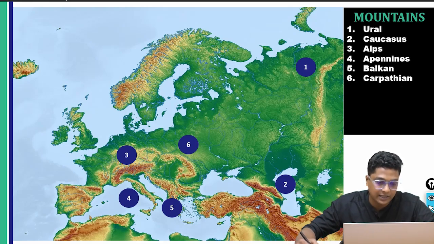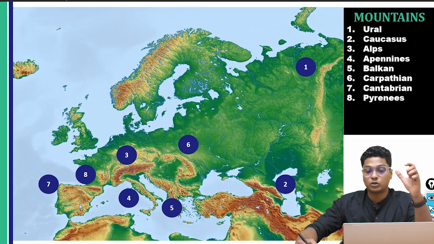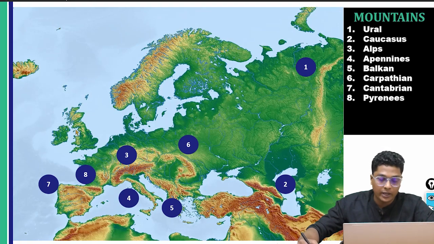Now coming to this region here, this is the Pyrenees Mountain, this is the Cantabrian Mountain, and the Pyrenees Mountain acts as a natural border between Spain and France, right? Now looking at the UK, this region is given as an elevated region. There are some mountains located here also.